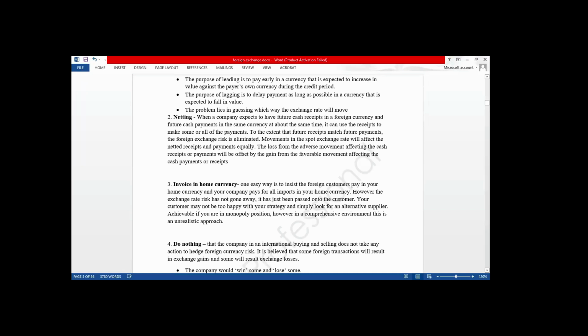You can also insist that your foreign customer pays in your local currency. If I'm buying goods from China, I can tell my China supplier to give me a bill in Naira. Do not give me this bill in dollar. Once the supplier agrees to give you your bill in Naira, then you have avoided exchange rate risk.